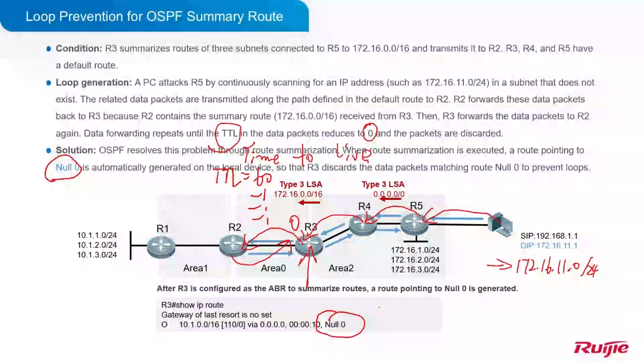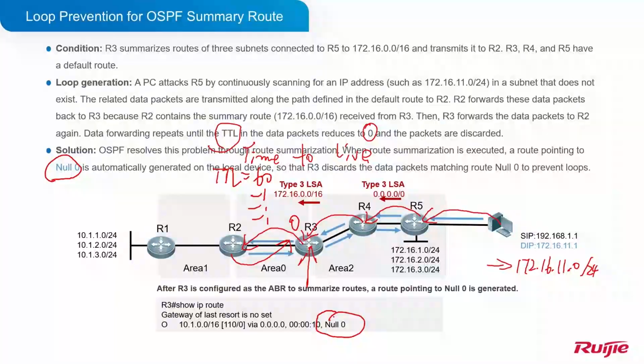It means we use summarization on the device. This device will generate the route, and the route actually points to Null0. Null0 actually means pointing to myself, but this interface can't deal with any packet. So if a packet is transmitted to Null0, we will discard this packet directly.